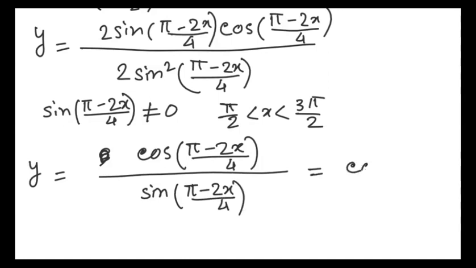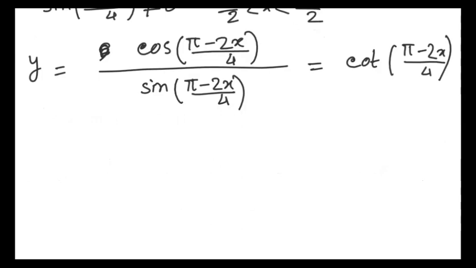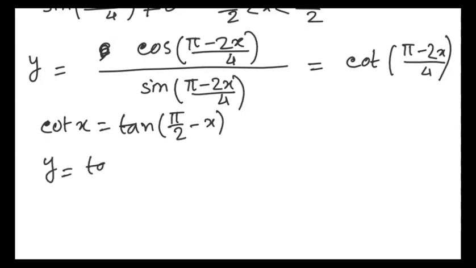So that is cot of (pi minus 2x) by 4. We know that cot x is equal to tan of (pi by 2 minus x). So we write the expression y equal to tan of (pi by 2 minus (pi minus 2x) by 4).